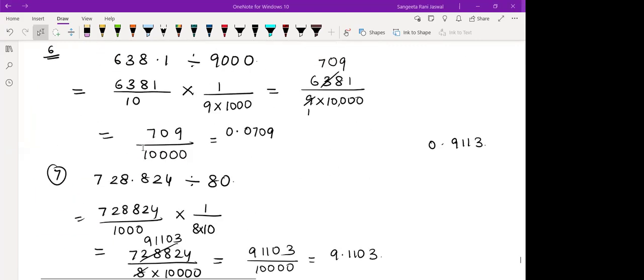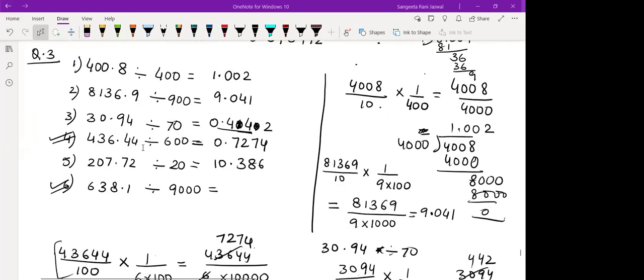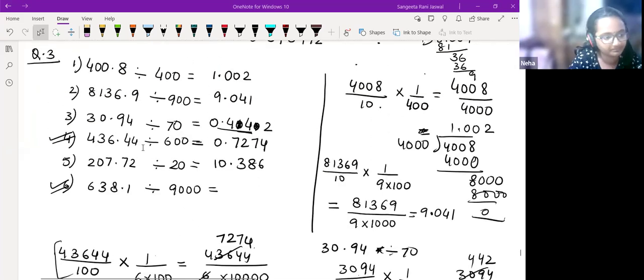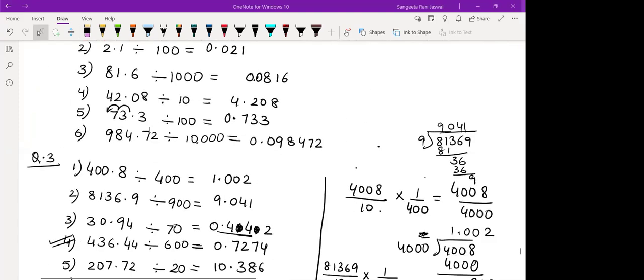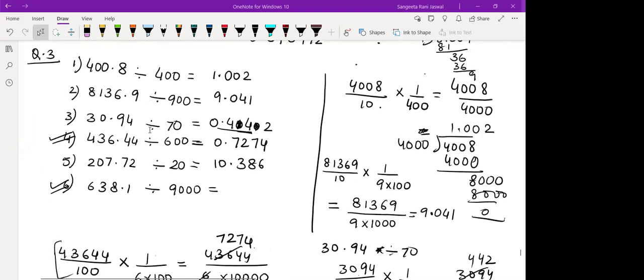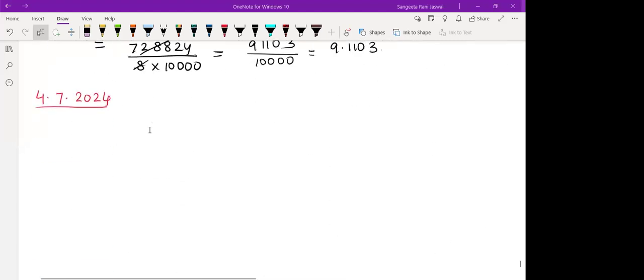Okay. So yesterday we had done these types of sums, right? Yes, ma'am. Different types of division sums: dividing a decimal number by a whole number, dividing by 10, 100, 1000. Then dividing a decimal number by a decimal number.